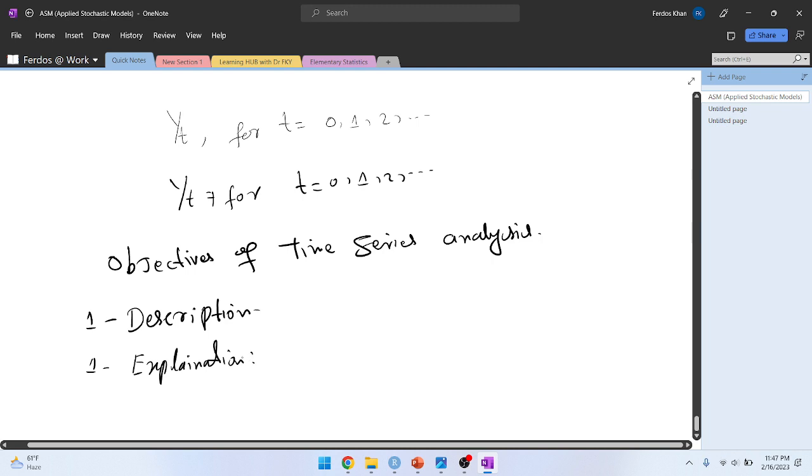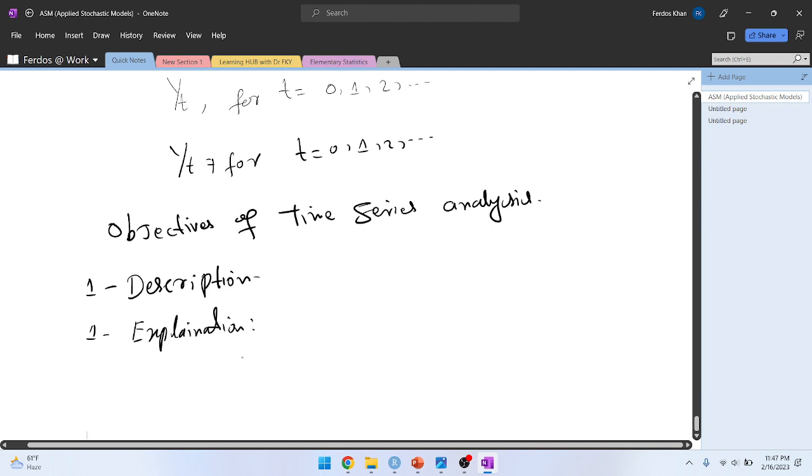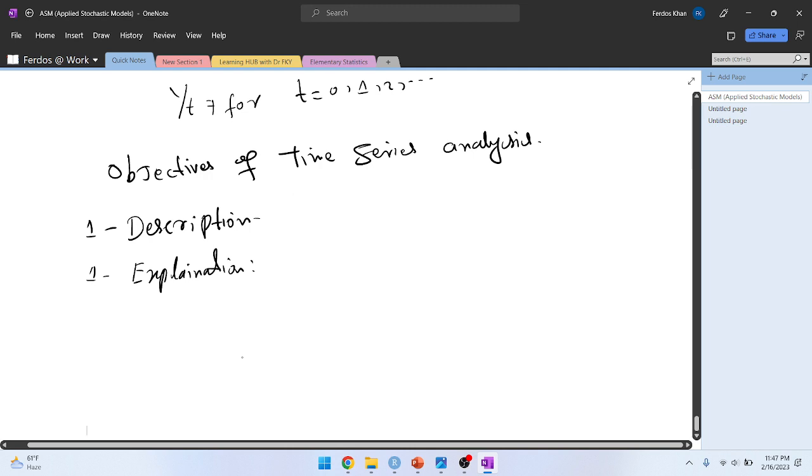In explanation, you need to try to find some suitable model for the data. In a regression model, you write y equals alpha plus beta x plus epsilon, and then you say how much variation in the dependent variable is explained by the independent variable. That means what percent of the variation in the dependent variable is explained by the independent variable.